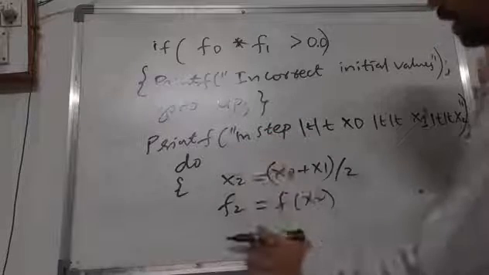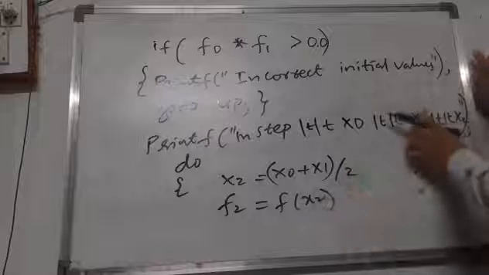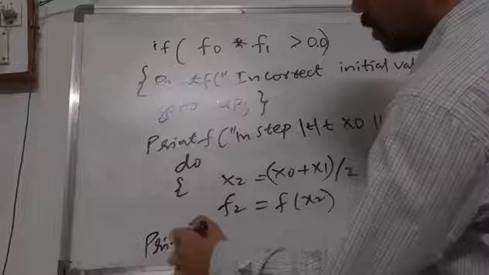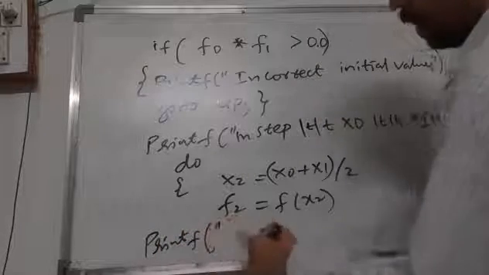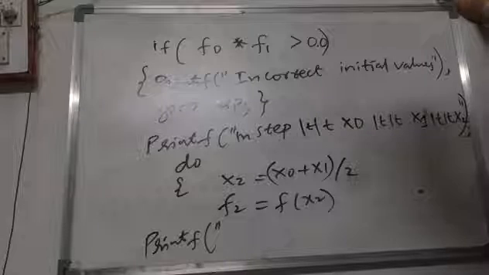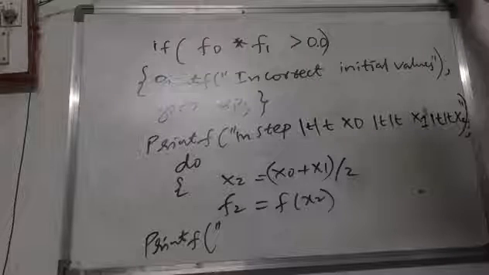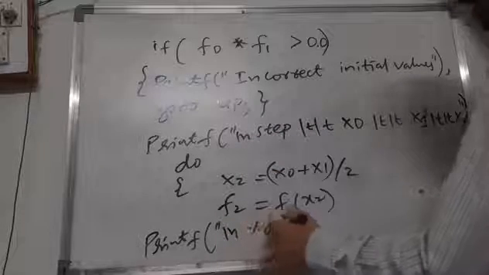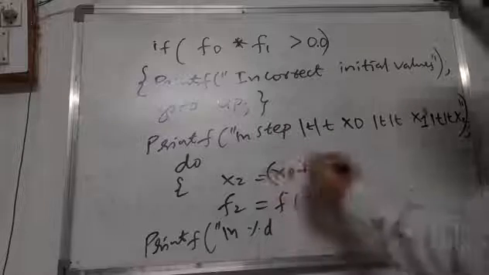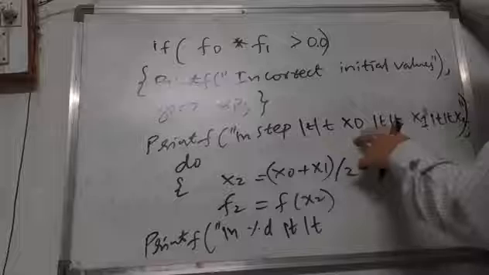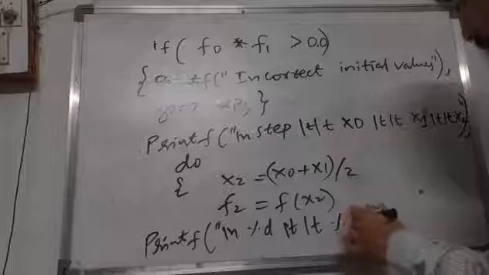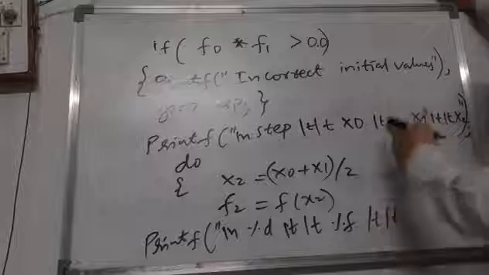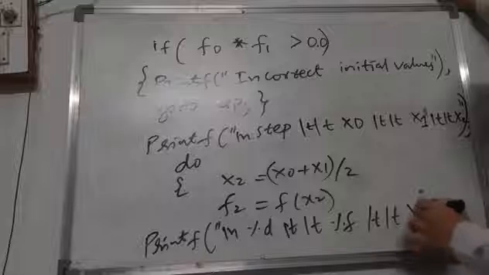Under step you should get this one, under x0 you should get this one, under x1 this value, and under x2 this value. The print will be on the next line anyhow, but it will print as it is. For that purpose, take the same format here: a new line, then percentage d, since step is an integer value, then slash t. Two tabs are given after that. The x0 value is printed with percentage f, a floating value, then slash t, two tabs, and the x1 value with percentage f.